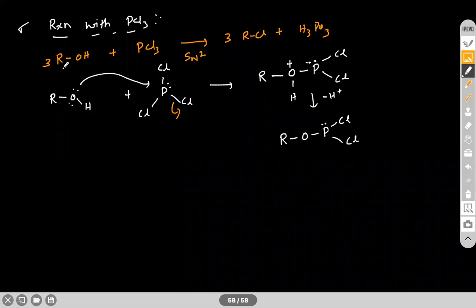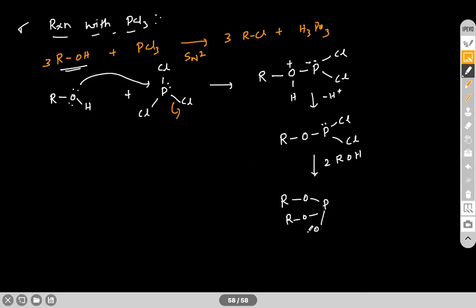Now since we are using 3 molecules of this, the other 2 ROH also react with this molecule in the same way, and with 2 molecules of ROH it finally converts into this, with one lone pair present here. 3 Cl minus goes out. Now these 3 Cl minus attack onto this R and this O minus goes out.